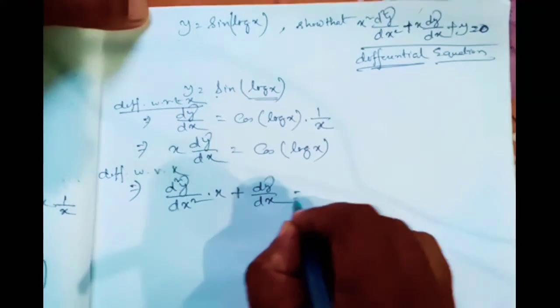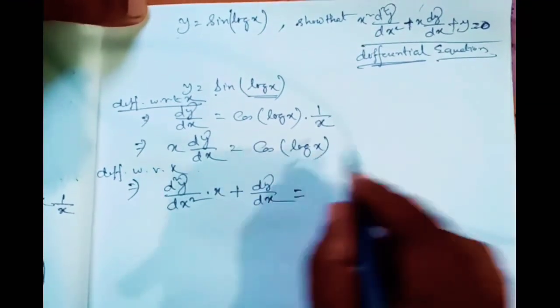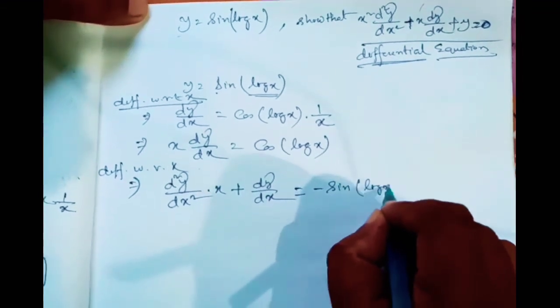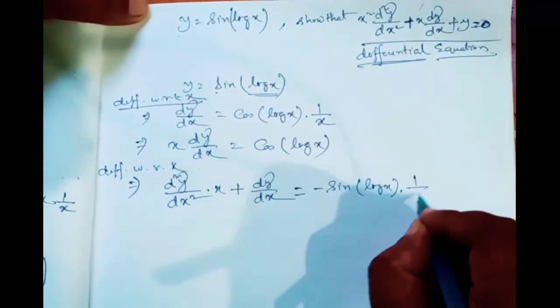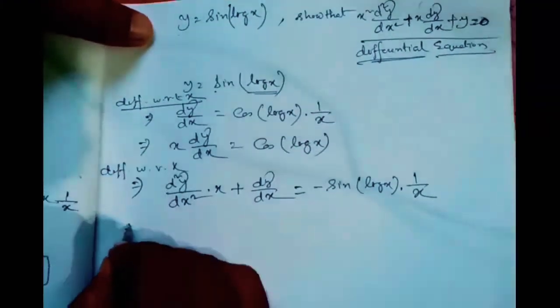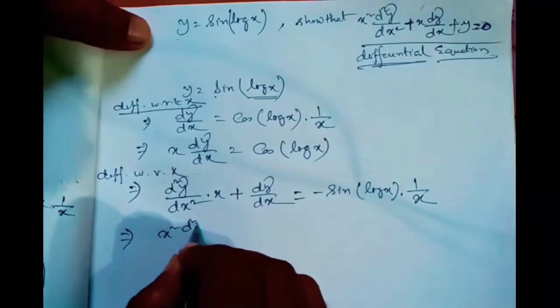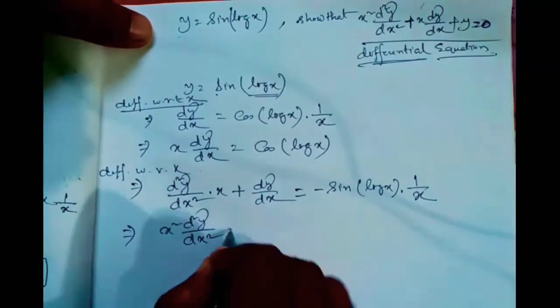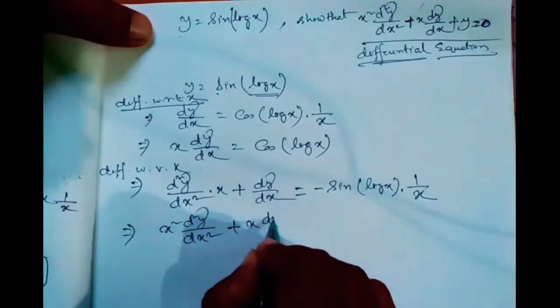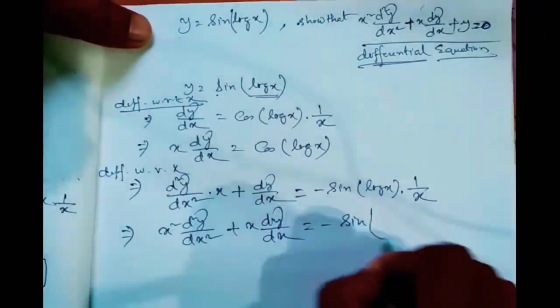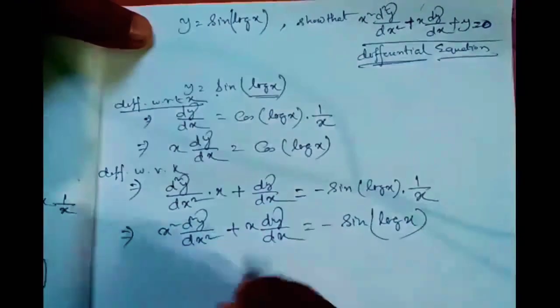So that's equal to how much? Differentiation of cos x is minus sin, so minus sin log x into differentiation of log x is 1 by x again. So again multiplying this 1 by x over here, we are getting x square d2y by dx2 plus x dy/dx is equal to minus sin of log x.